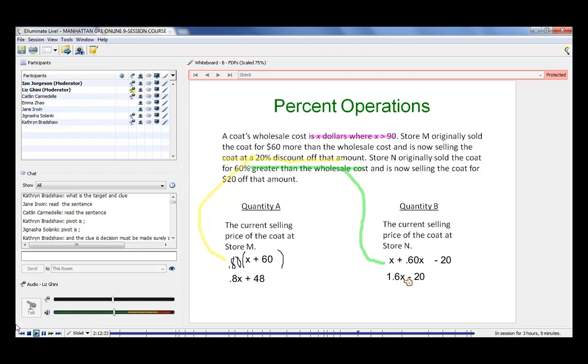All right, so how do you plug 90 into this? Plug 91 in. 91 times 0.8 plus 48. All right, what do we get?